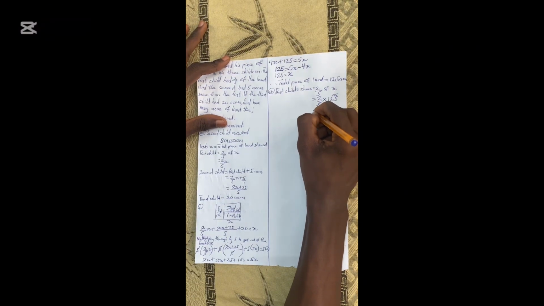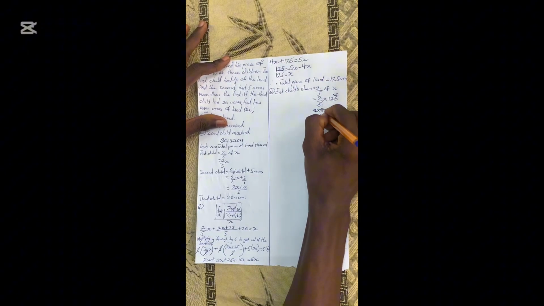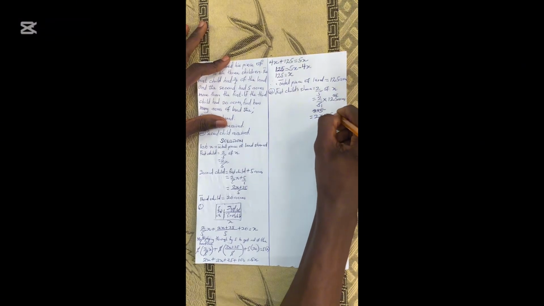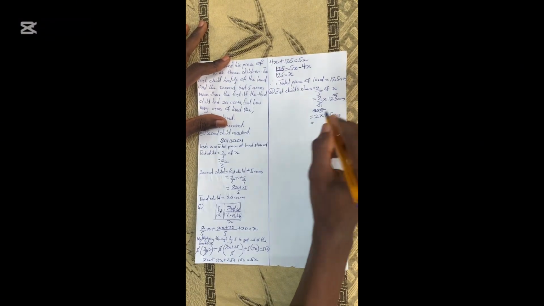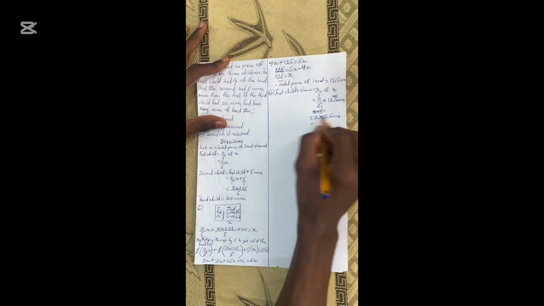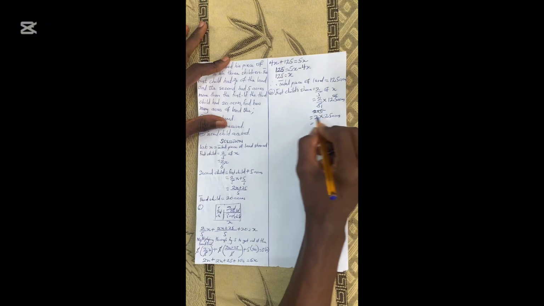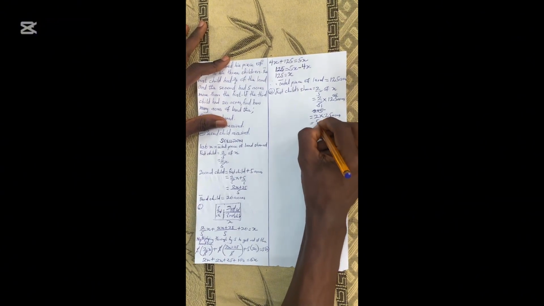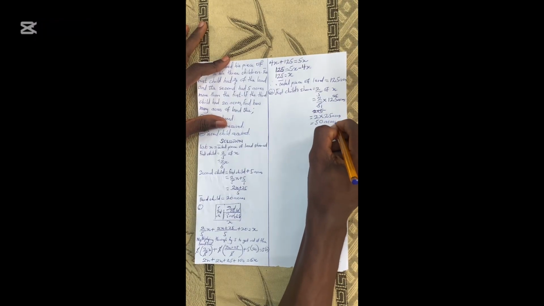We need to write it, 2 times 25 acres. It is very important you don't write the answer straight, because there is usually a mark for the method. So if you skip it and write the answer, you miss that 1 mark. So 2 times 25 is what? 50 acres. I hope you are following.